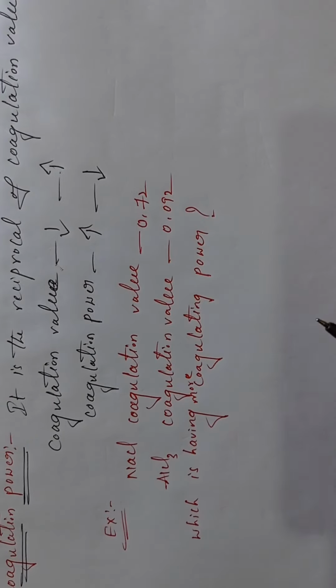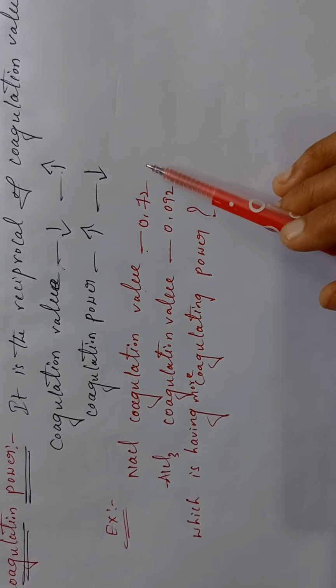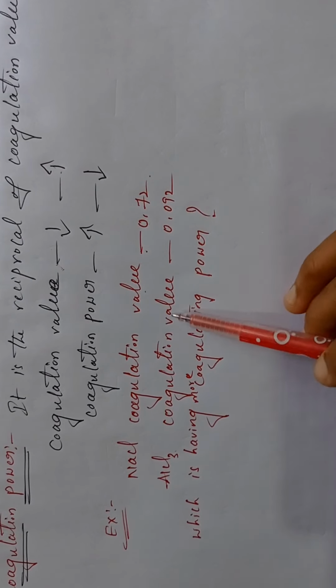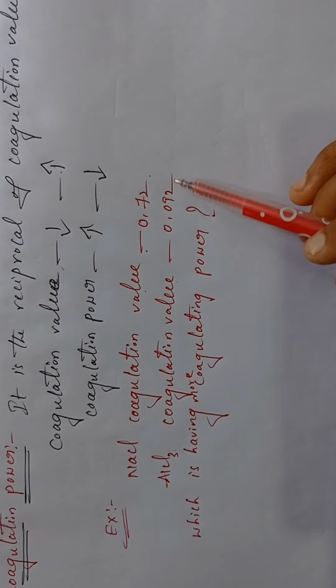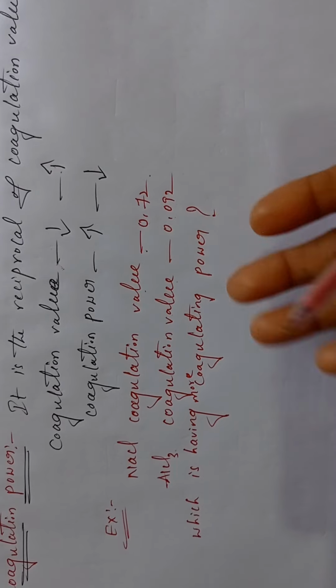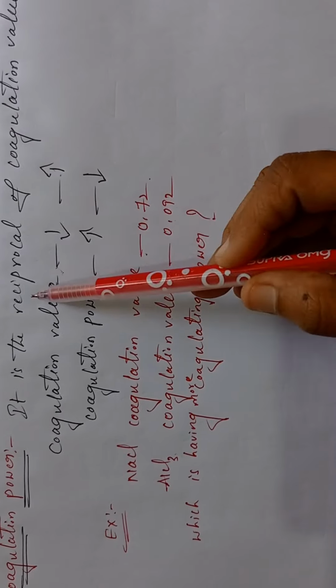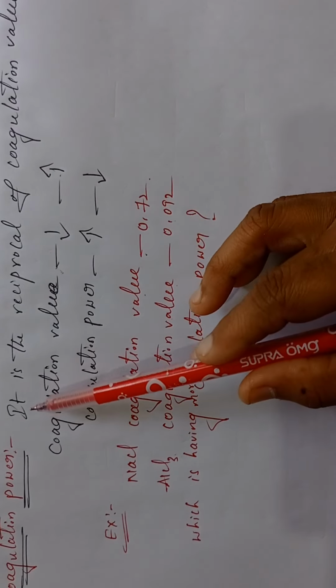Now see, students, example: NaCl coagulation value is 0.72, aluminum chloride coagulation value is 0.092. Which is having the more coagulating power is asked. We know that coagulation value and coagulating power are inversely proportional, reciprocal, according to the definition.